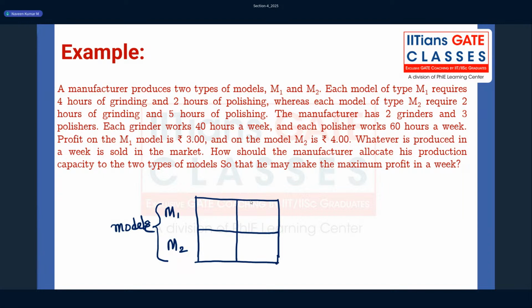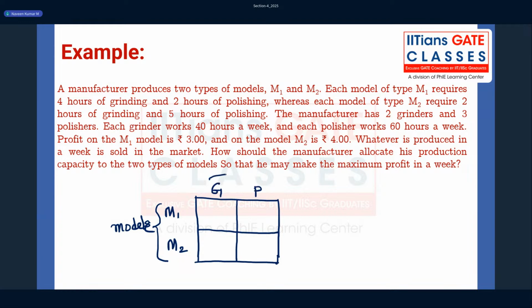So now we have these models M1 and M2, and now we have these two, maybe I can say processes. Okay, grinding and polishing.